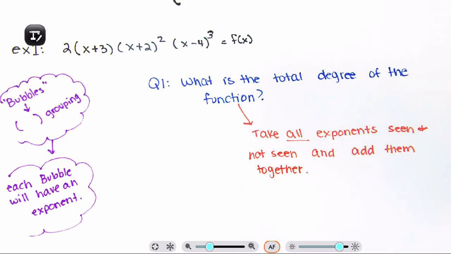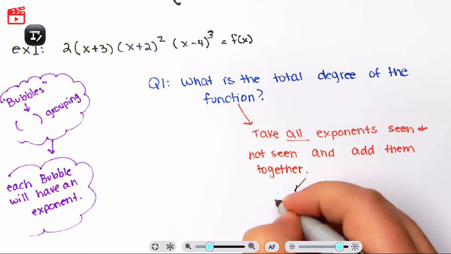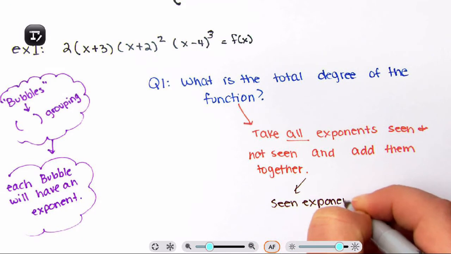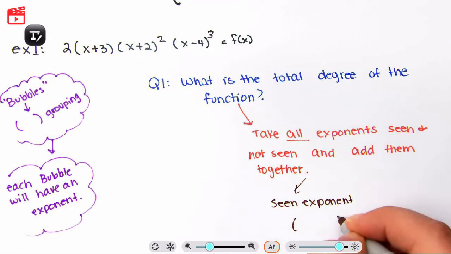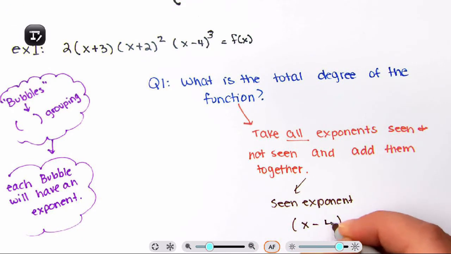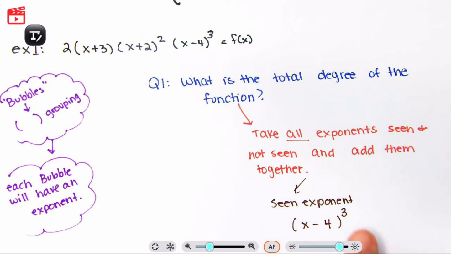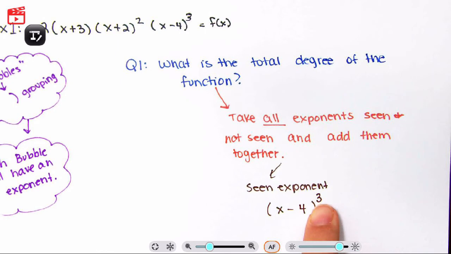Okay, so what does it mean seen and not seen? So if I'm calling something seen, that's a bubble having the exponent of 3. I can see that exponent clearly. It's 3.